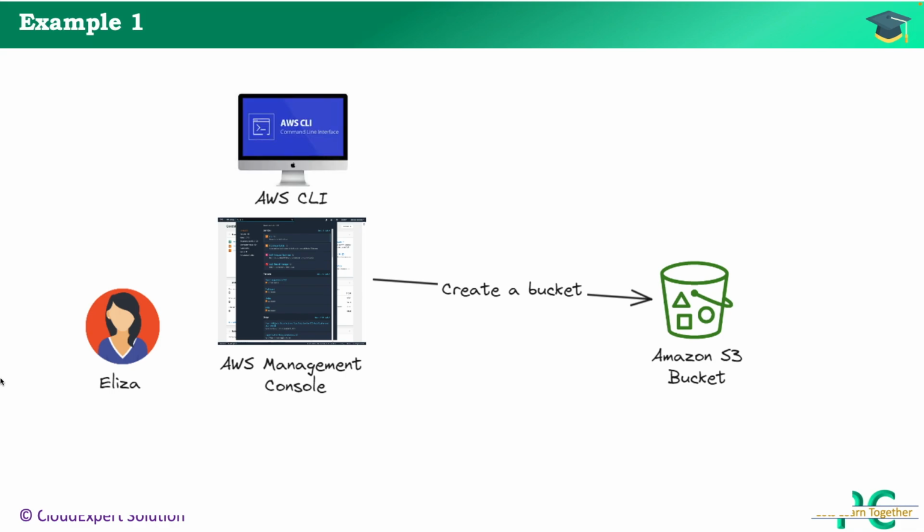Option 2, she can access the AWS CLI, the command line interface, and using the AWS CLI she can create that bucket. Or she can use the AWS SDK for Python, Java, Rust, Ruby, whatever language she wants, and she can create that bucket.